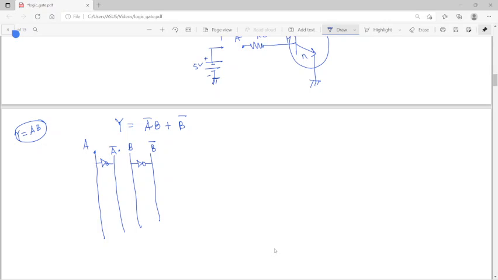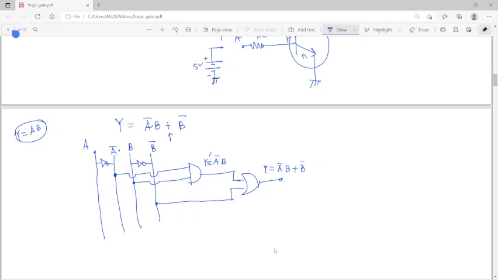So from A bar I can take a point, and from B I am taking another point, and I am putting an AND gate, because the output of the AND gate is A bar B. And then B bar, I am taking a point from B bar, and this is a plus sign, that means I have to use an OR gate. So if I use that, then the output that we will get is A bar B plus B bar. I think you understood the particular case.